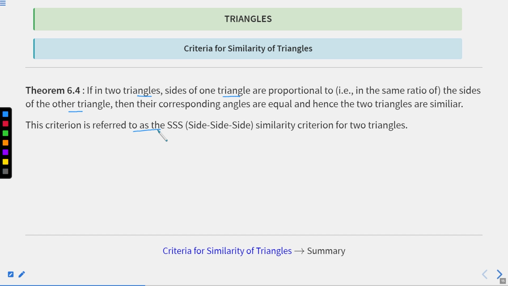There we also have a criterion of angle, and a criterion of side. So here we studied these two criteria: the angle similarity criterion for two triangles, and the side similarity criterion for two triangles.